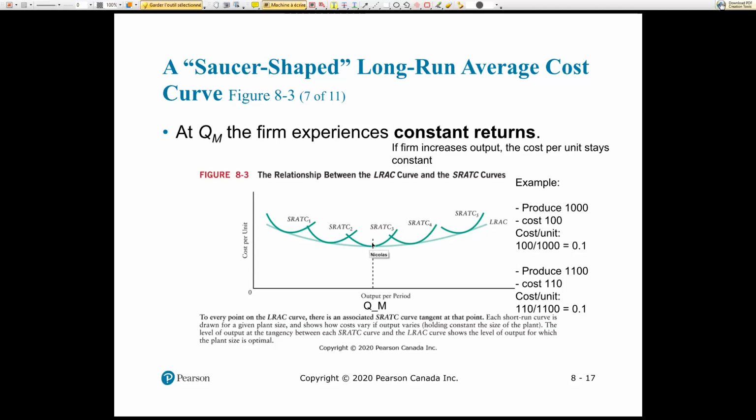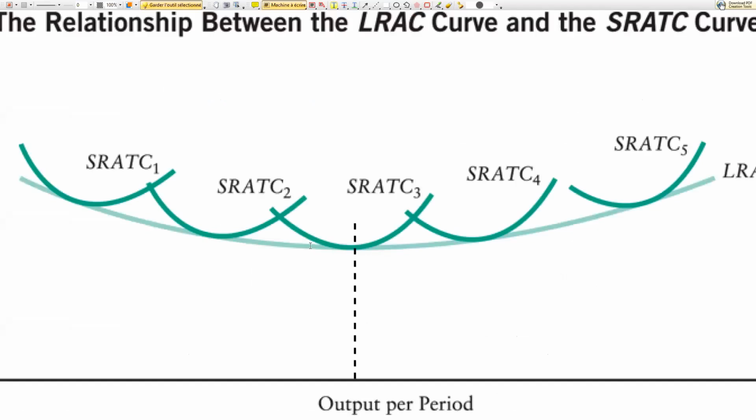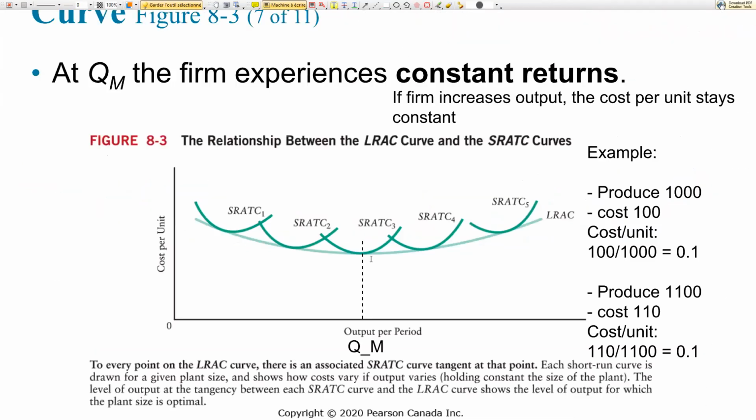The thing is, it's just this small zone of the curve, right? As soon as I end up like here, it starts increasing. As soon as I end up here for the short run, it starts increasing too. So it's just exactly here that this is the case.